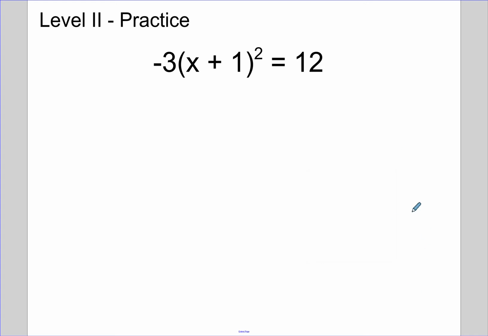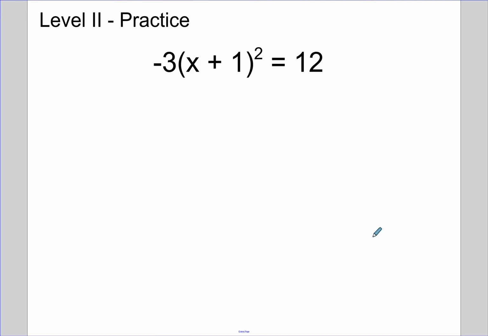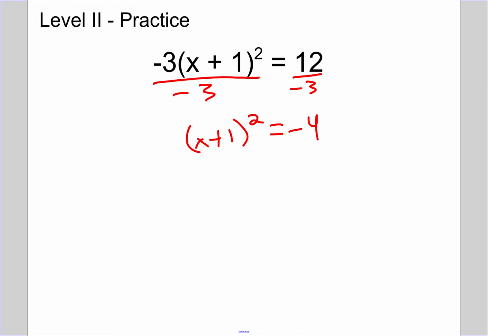Okay. So we'll go ahead and divide both sides by negative 3, and we end up with x plus 1 squared equals negative 4.